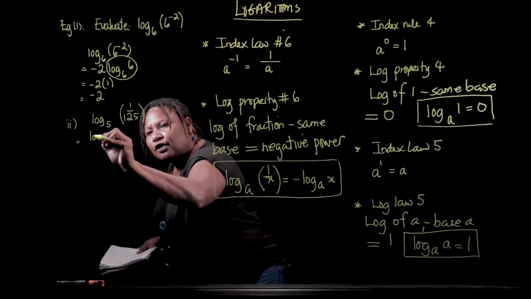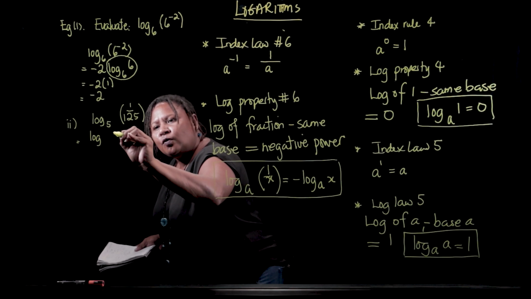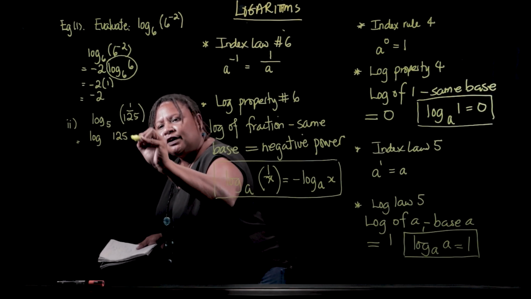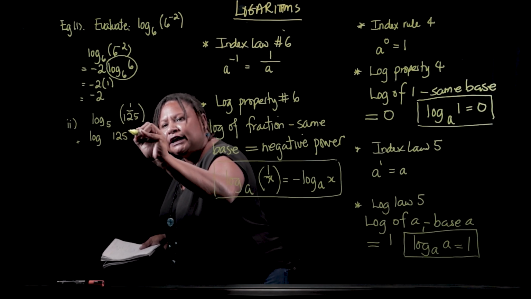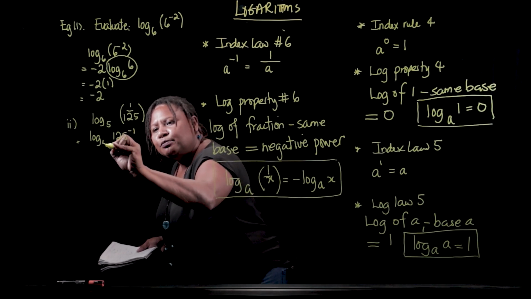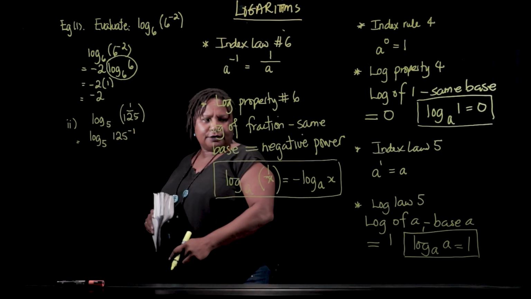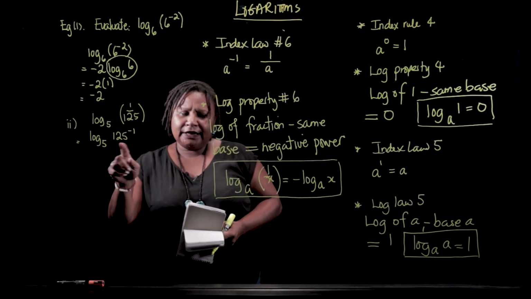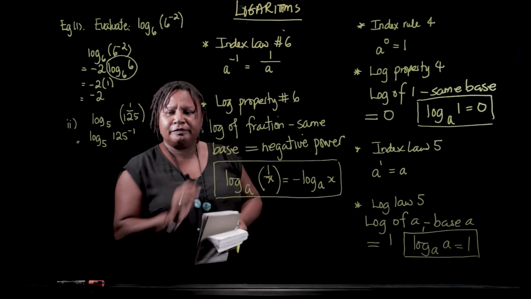So let's take log of 125 to the power of negative 1 to base 5. Okay, so we are applying this law here.